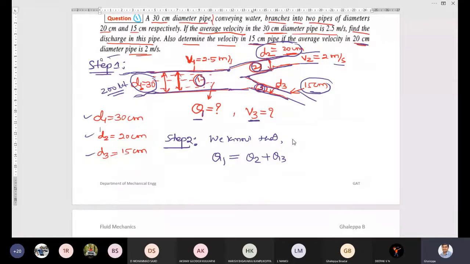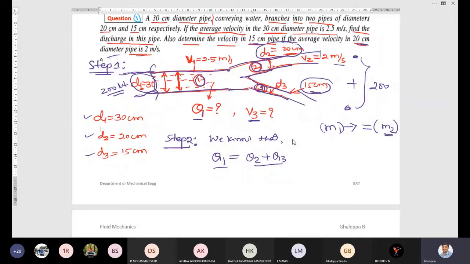Practically you can conduct this experiment and observe, because that is the meaning of total discharge being the same: the mass of fluid entering the system is equal to the total mass of the fluid coming outside the system. We have applied this in the continuity equation. The mass of fluid flowing into the system, here a pipe is a system, is equal to the mass of the fluid coming outside.